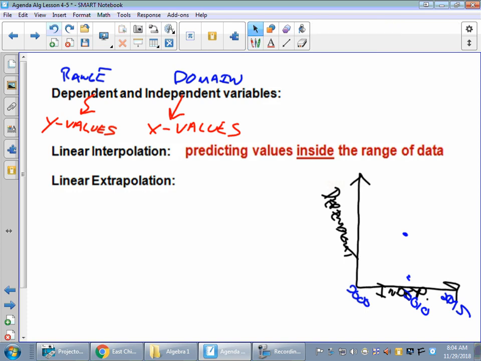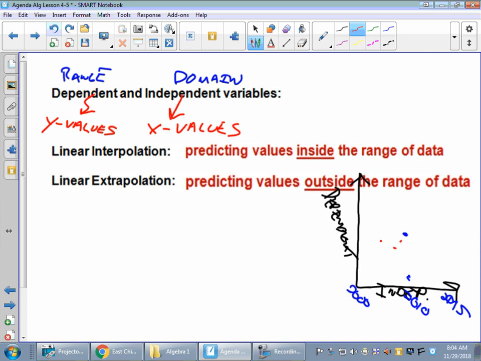Okay? Extrapolation, linear extrapolation. We're going to predict values that are outside the range of data. So in this case, we're saying, all right, using the same graph, if we use the same example, 2000 to 2015, we could predict something that happens in 2050 or 2030 or 2020 based on what kind of line we're going to get with our line of best fit.